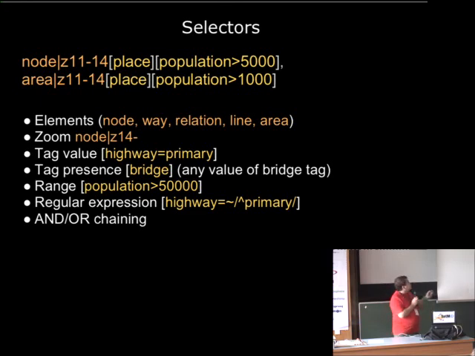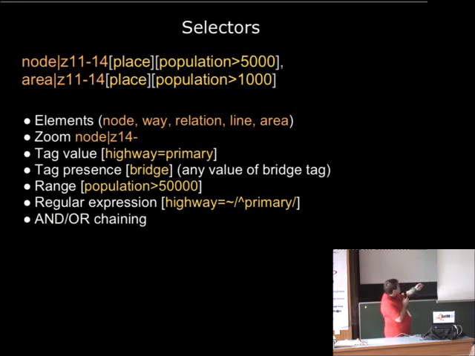You can specify zoom, and you know what this means, like zoom level 14. There are also scales, like 1 to 5,000, possible. You can specify a tag value, so this will match all highways with highway primary and nothing else.